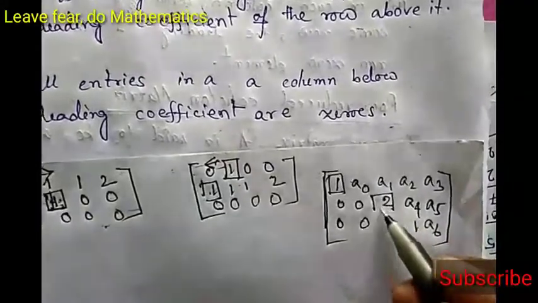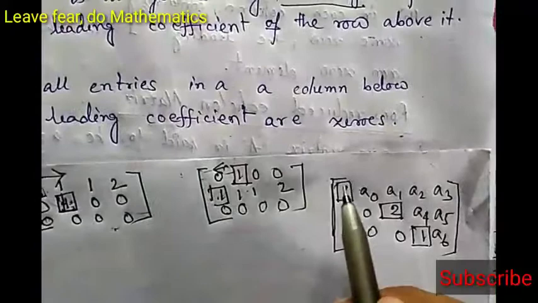Look, this is the leading coefficient of the first row, this is the leading coefficient of the second row, this is the leading coefficient of the third row, and the leading coefficient of the second row stays to the right of this.